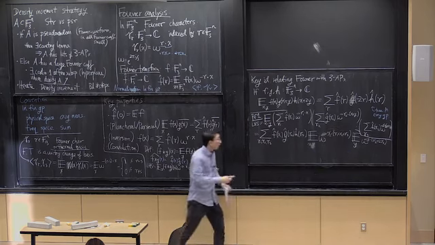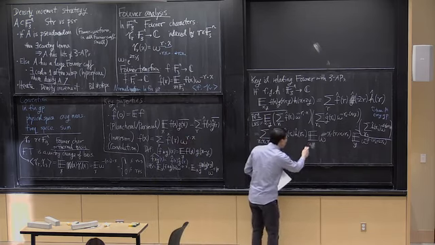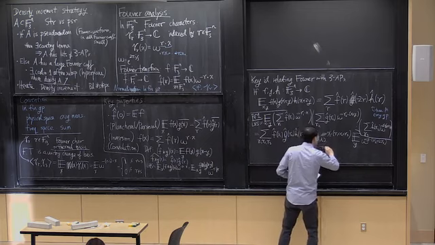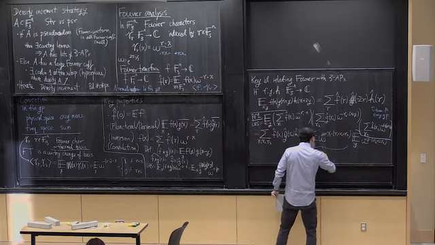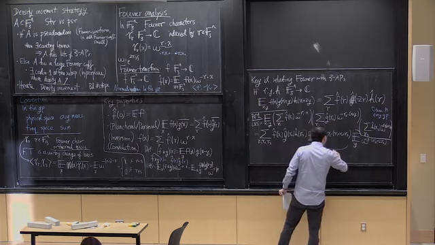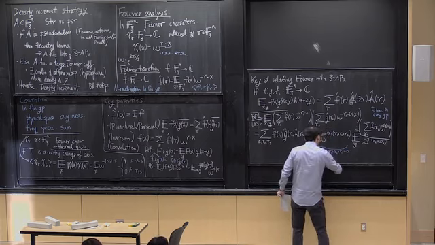Okay, so just rearranging. Now you see that as you take the expectation over x, this expectation is equal to 1 if r1 plus r2 plus r3 is equal to 0, and 0 otherwise.